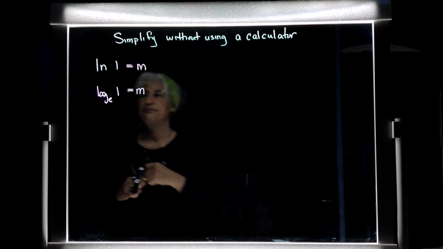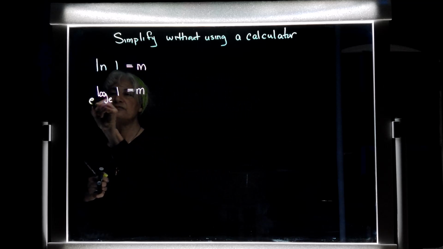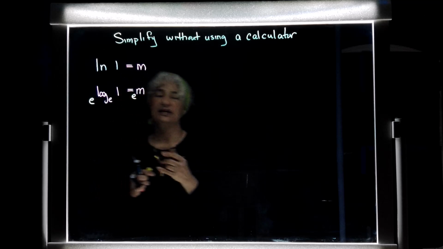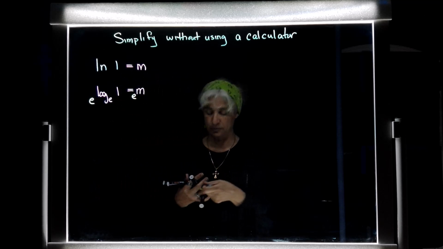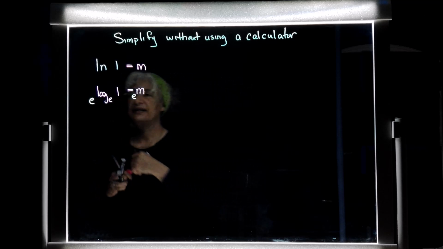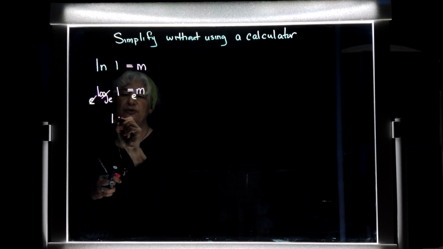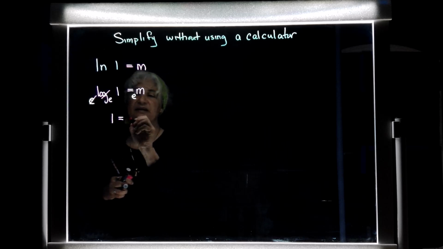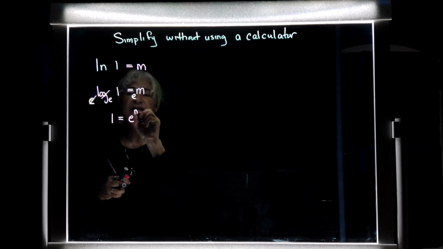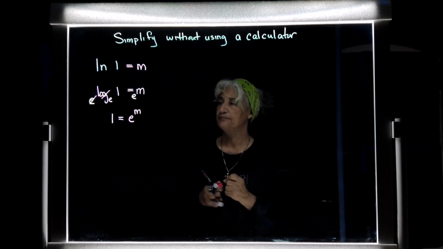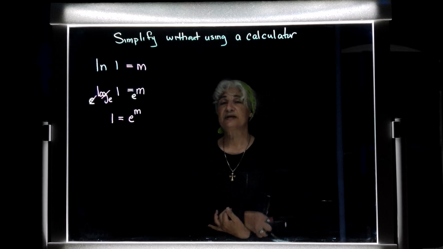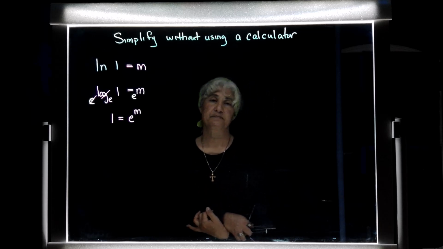So hold this thought. That means I have to take exponential base e on both sides, so I can cancel log base e and exponential base e, and I'm left with a 1 on the left side. And on the right side, I have e to the power of m. And now it's more obvious to me what the answer for m is.